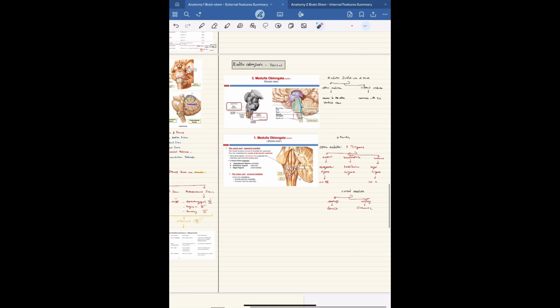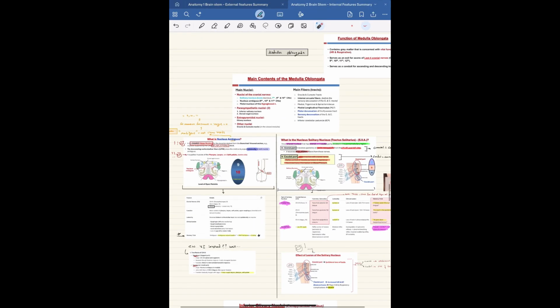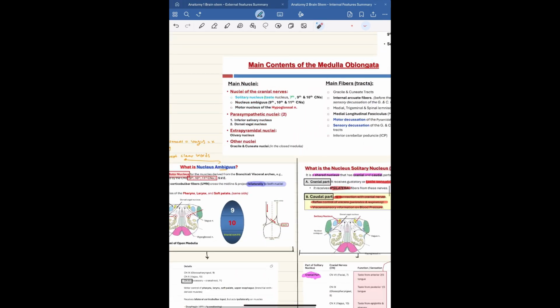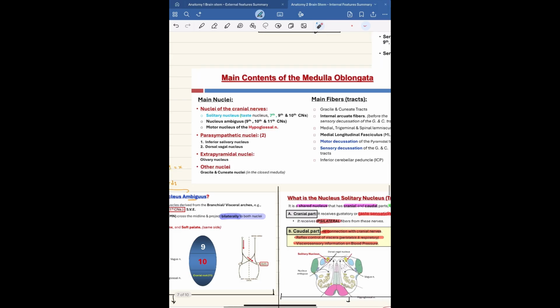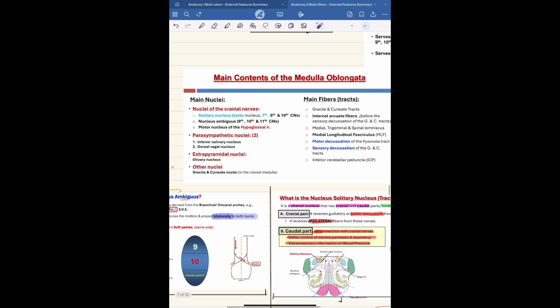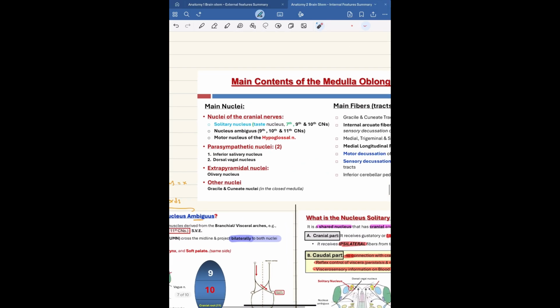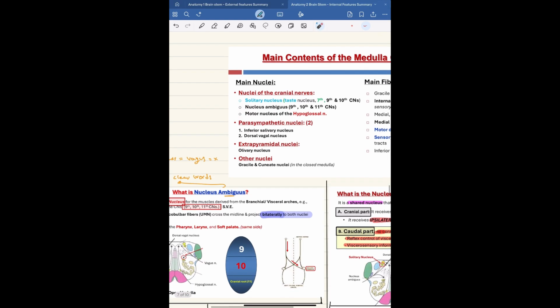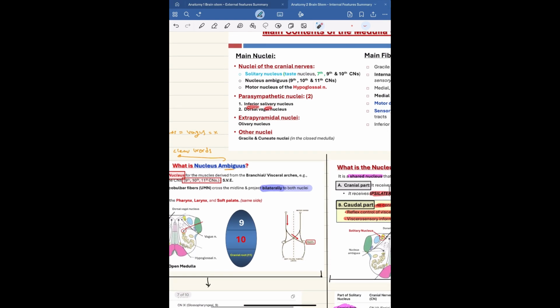Okay, now if you take cut sections of them, let's go through the cut sections. Actually, let me go through the nuclei we see in the medulla oblongata and make sense of this slide. First, we will learn about the solitary nucleus and the nucleus ambiguus. I'll talk about them in a second. You have the parasympathetic nuclei, the inferior salivatory with the dorsal vagal.